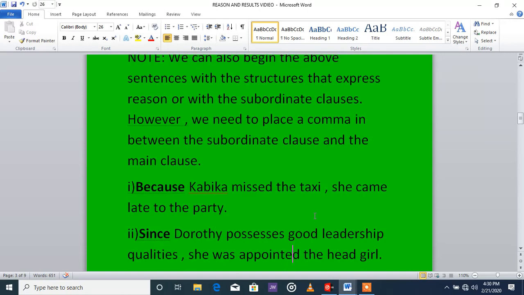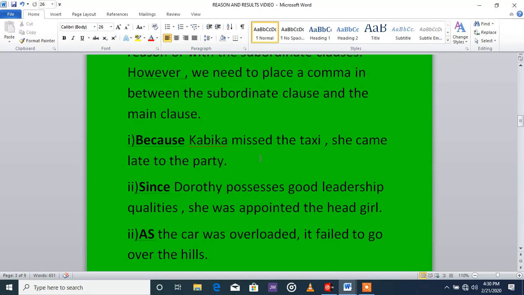For instance, let's look at number 1. Because Kavika missed the taxi, comma, she came late to the party. Because Kavika missed the taxi, then what was the result? She came late to the party.